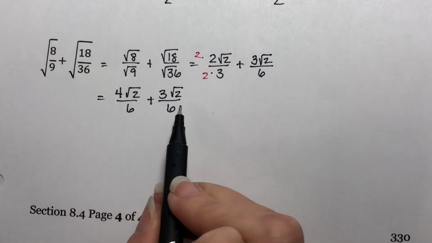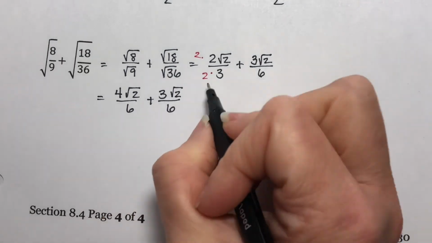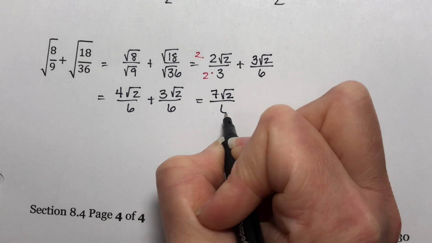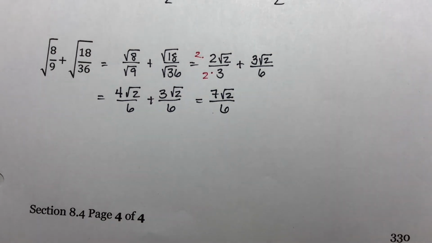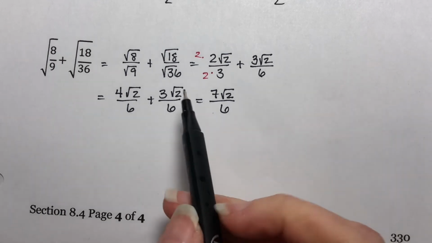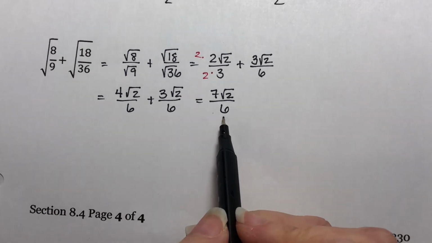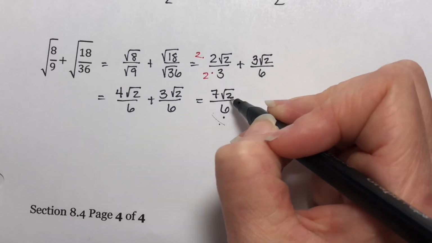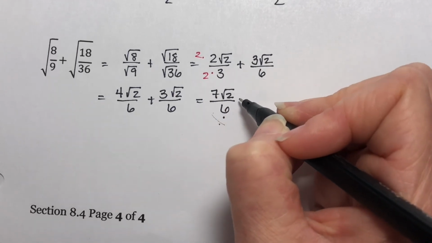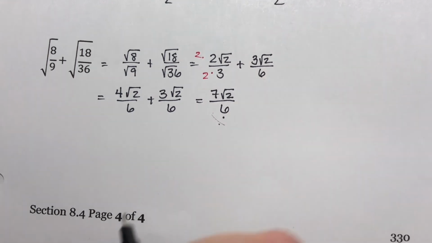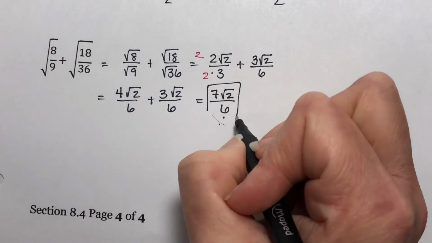I have a common denominator, so I can add the 4 and the 3 to get 7 times the square root of 2 over 6. I looked to see if I can reduce this fraction, and the only thing I could even potentially reduce is the 7 and the 6, and they don't. Remember that this is not a 2, it is the square root of 2. It is 1.4 something forever. Not anything to do, cannot reduce with this 6. This is your answer.